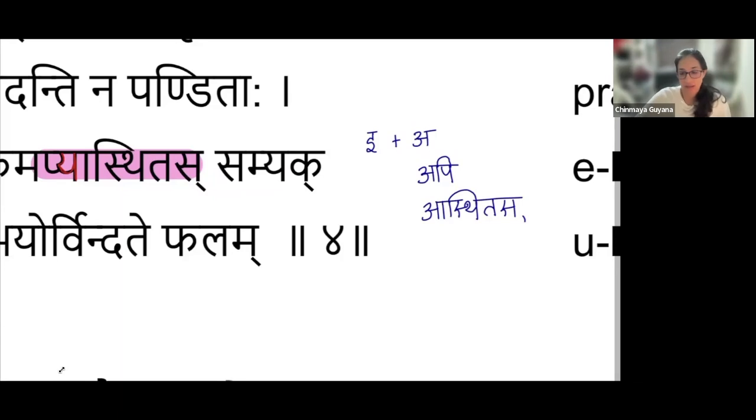Api and asthitas. Api and asthitas. Right? So the ya breaks into e and a.